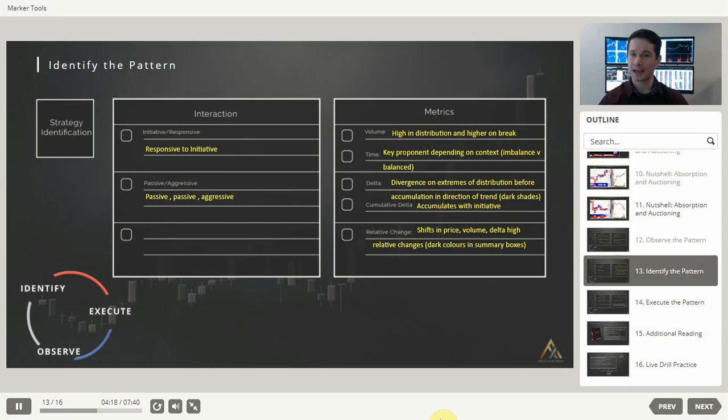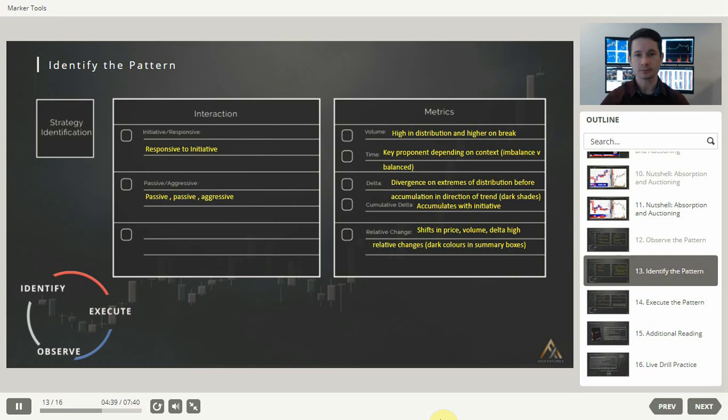Just before the breakout of the high, instead of large selling absorption, we suddenly saw large buying absorption at the high. And that's what you want to write in that box. What was the interaction that gave you that clue? Because by writing this down every single time, you're going to learn to develop pattern recognition ultimately.